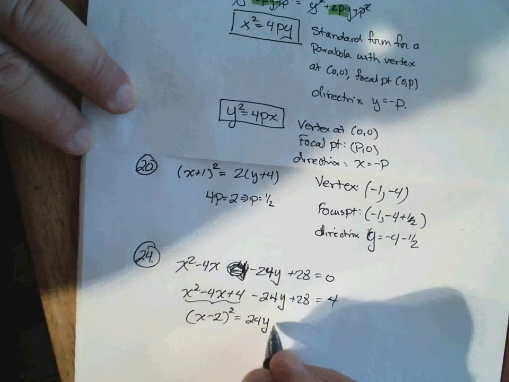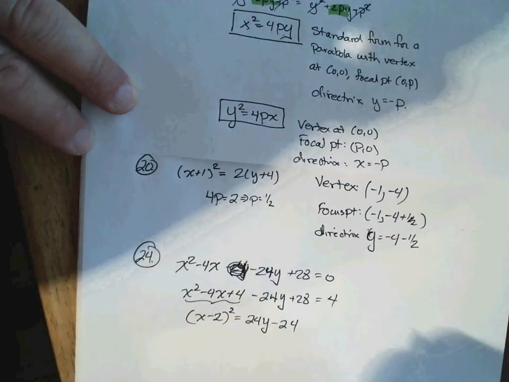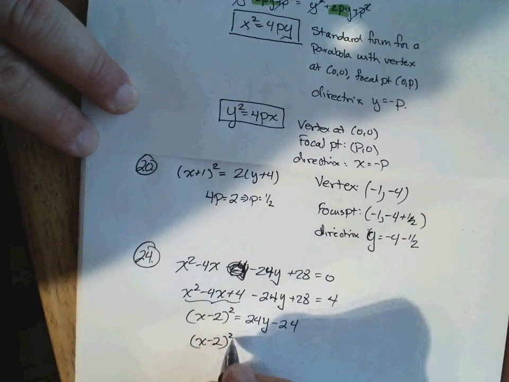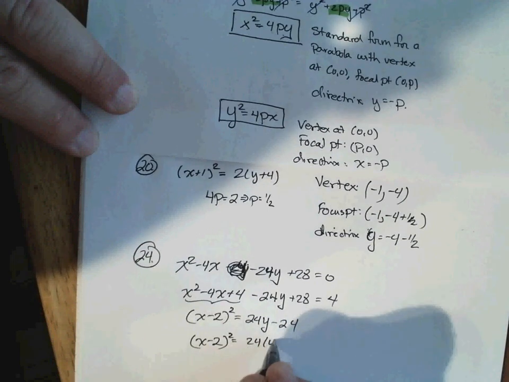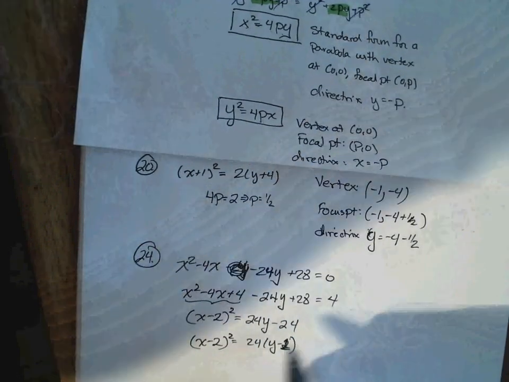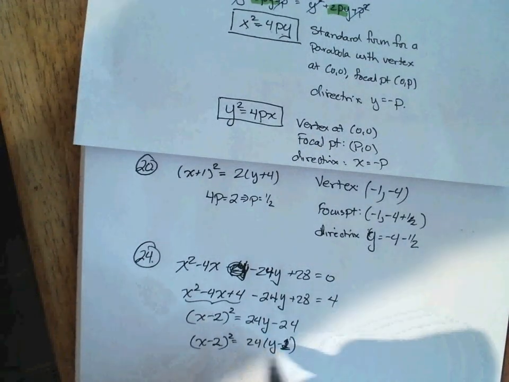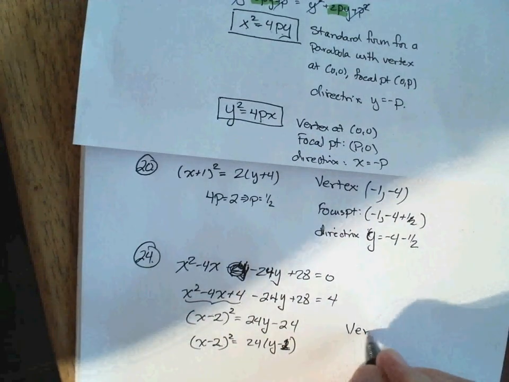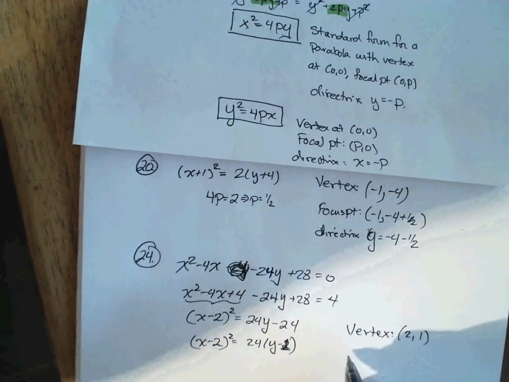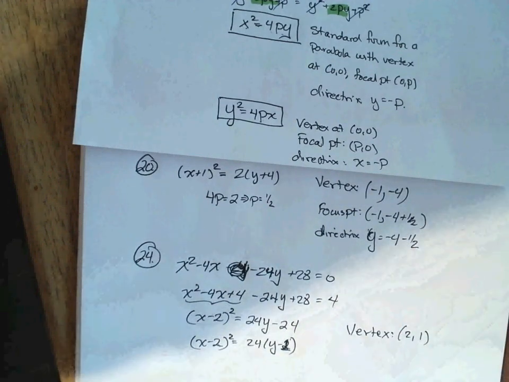So that's going to be 24y minus a 28 plus 4 is minus 24. Factor out that 24. Minus 1. And now you can clearly see that you have shifted the vertex. The vertex is (2, 1).